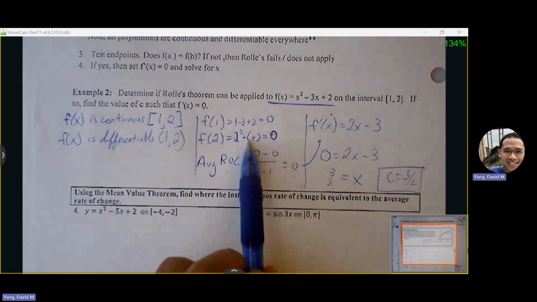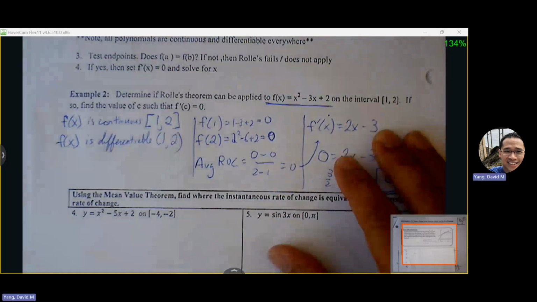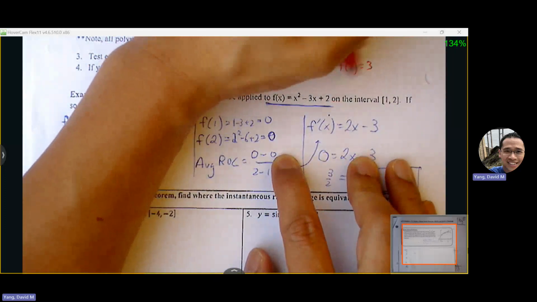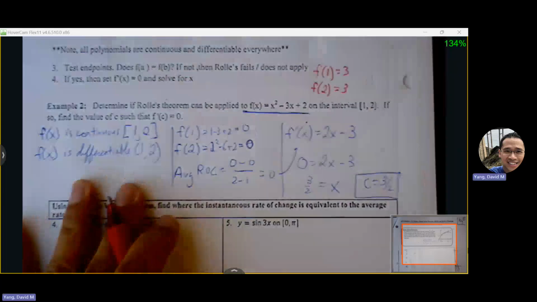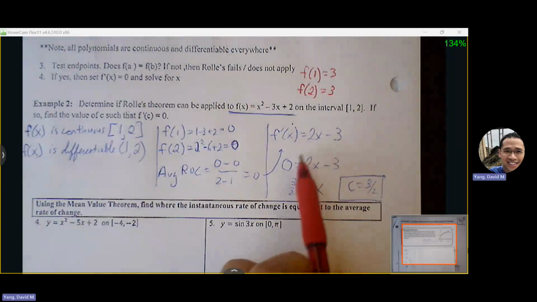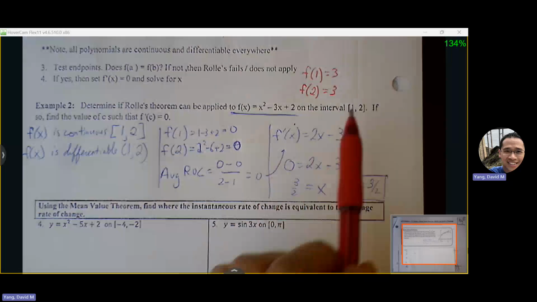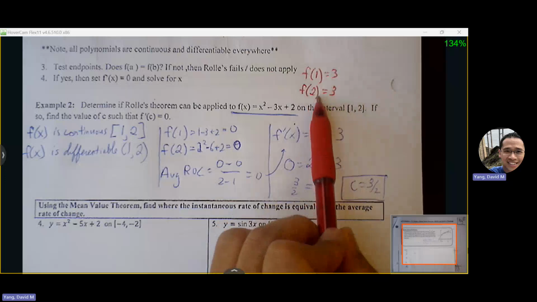Make sure that you're finding the slope between the endpoints. This is what I've seen in the past where, let's say f of 1 is equal to 3 and f of 2 is equal to 3. And what I see some students do is, they will replace f prime with 3 and then solve for x. What's wrong with that? Why do we not want to set f prime equal to 3 in this instance?